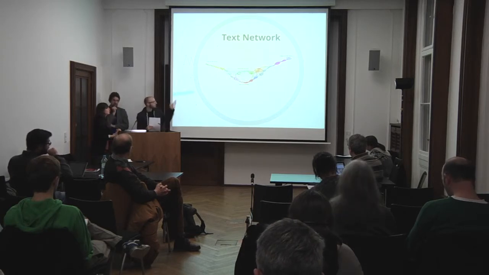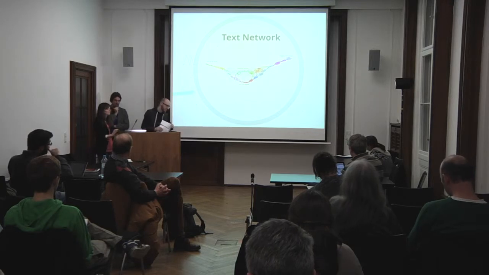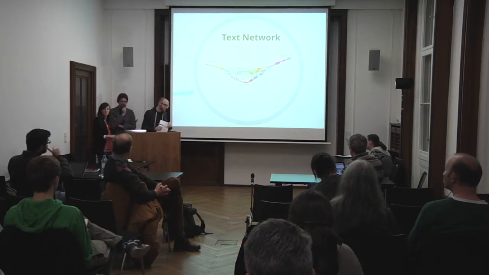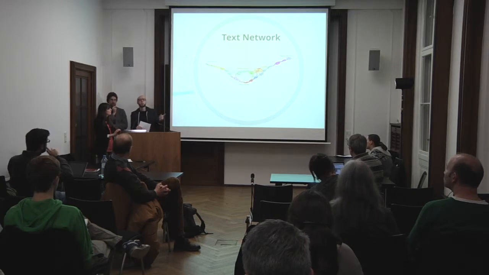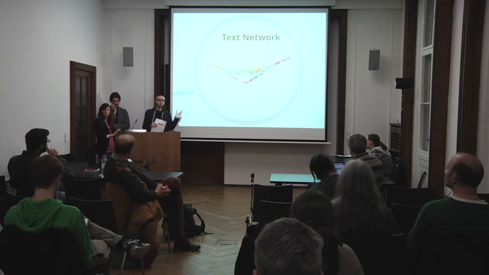For example, the guy who wrote this, David McClure, has an essay online about mental maps of text, and he starts with War and Peace.